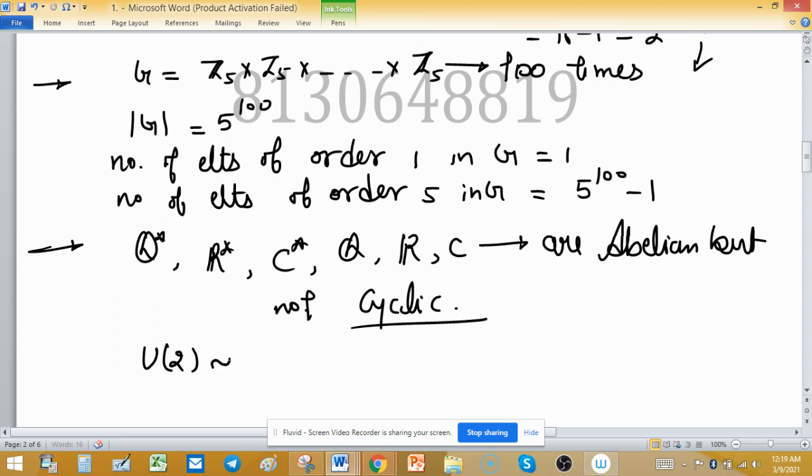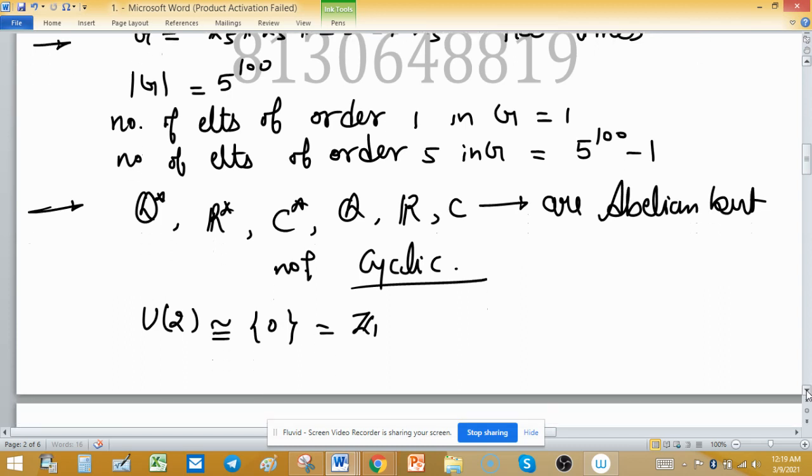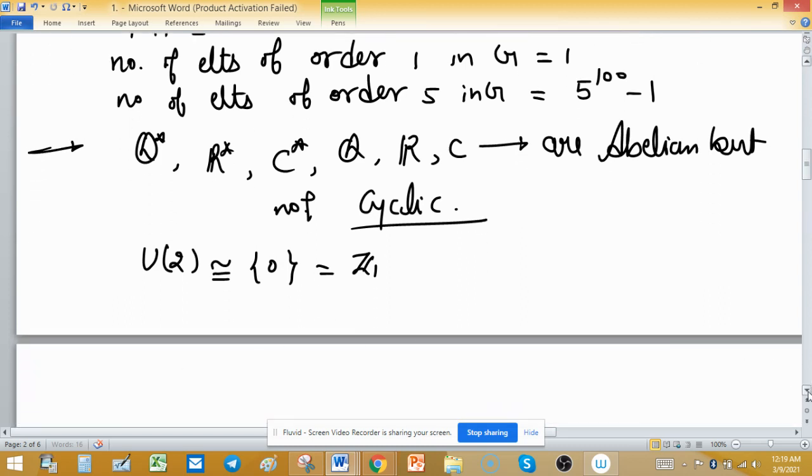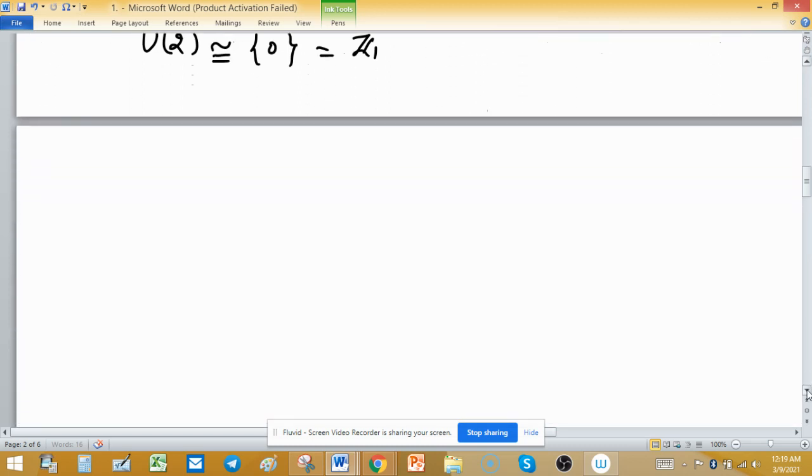U(2) is isomorphic to the trivial group, or you can say Z_1.